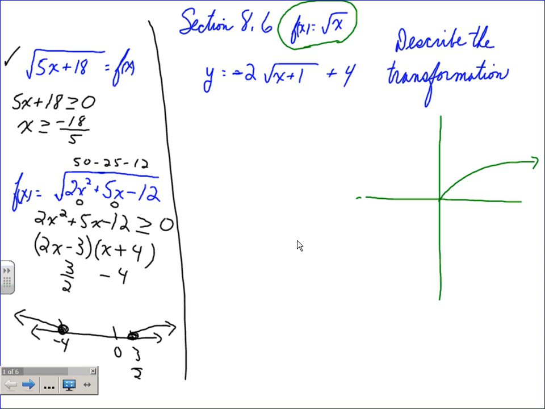Okay, let's describe the transformation. What about the positive 4? What does that do to it? Shifts it 4 up, right. This is a shift. All right, more importantly, a vertical shift. And so that is shifted 4 units up.